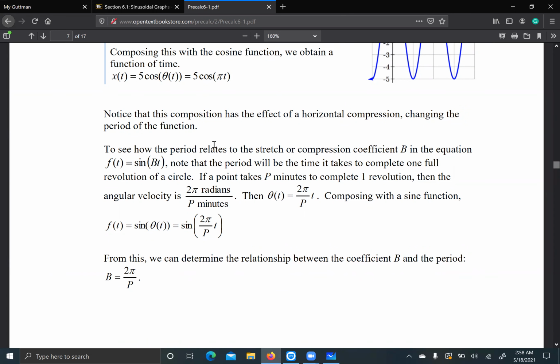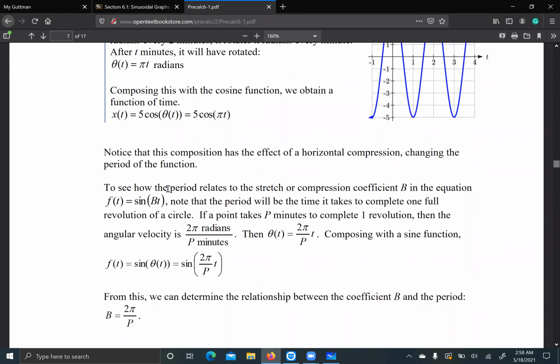So as you can see, we want to see how period relates to the stretch and compression effect, the coefficient, the multiplier of whatever is the input. What is the effect on period?